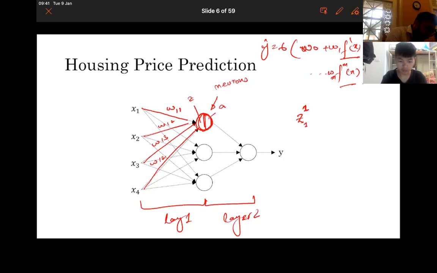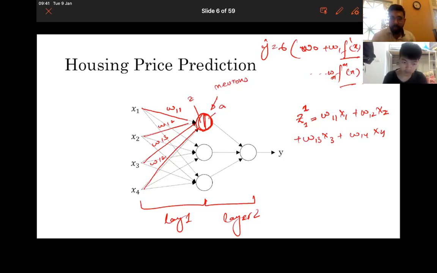Let's first write this Z11. So this would be W11x1 plus W12x2 plus W13x3 plus W14x4.